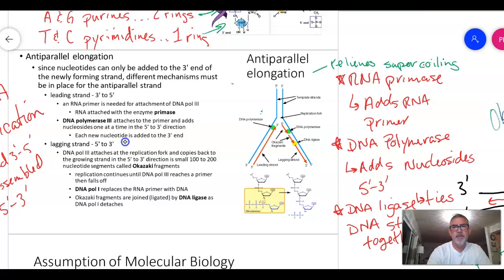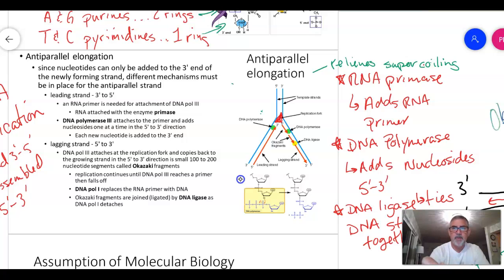So that replication fork here, now you'll see that the 3 to 5, so I've got that red line there, is my growing DNA strand. I've got my DNA polymerase 3. And it'll keep going in that direction on my leading strand as it's opened up, right? So remember we have a little enzyme here, helicase, and that helicase is opening up that replication fork, right?